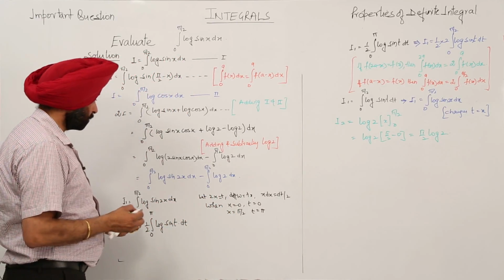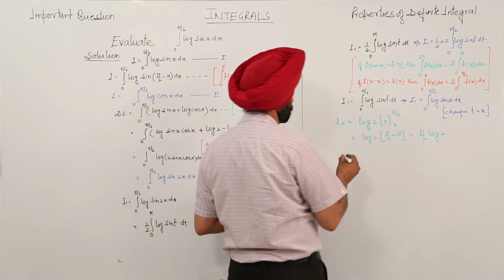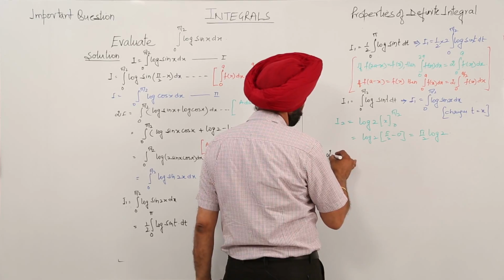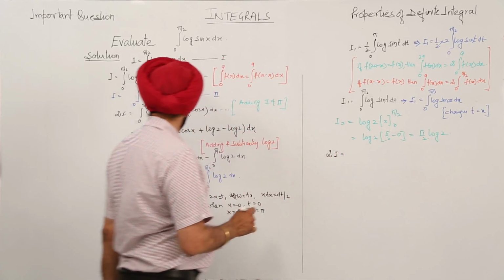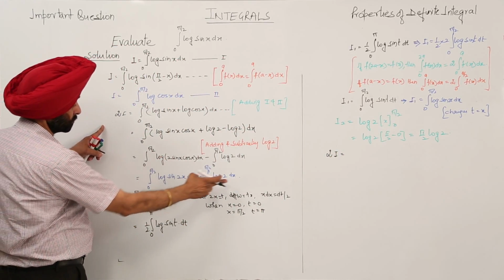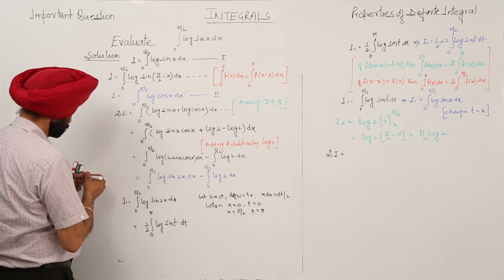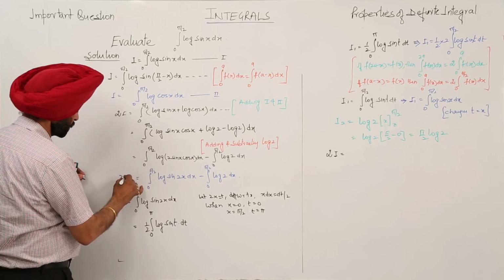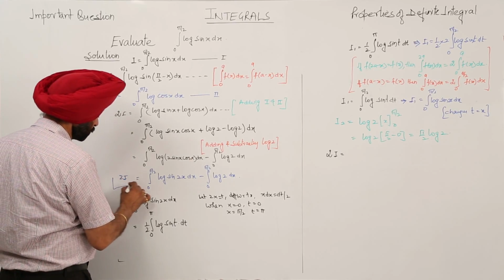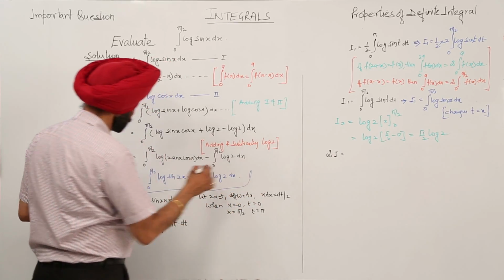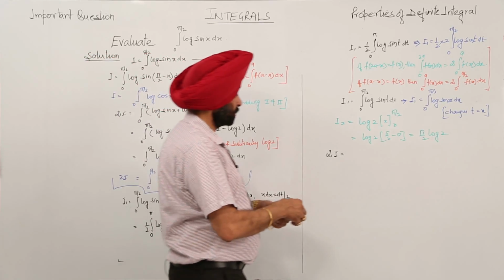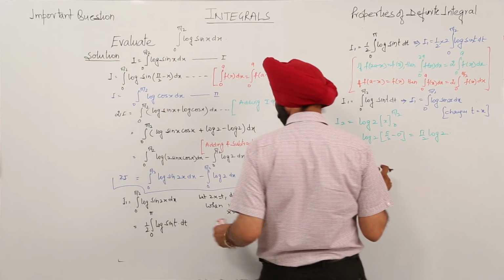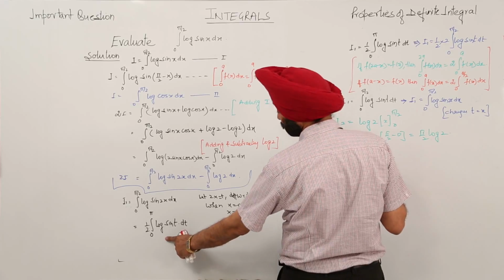Now from this part, we have 2I is equal to I1 minus I2.